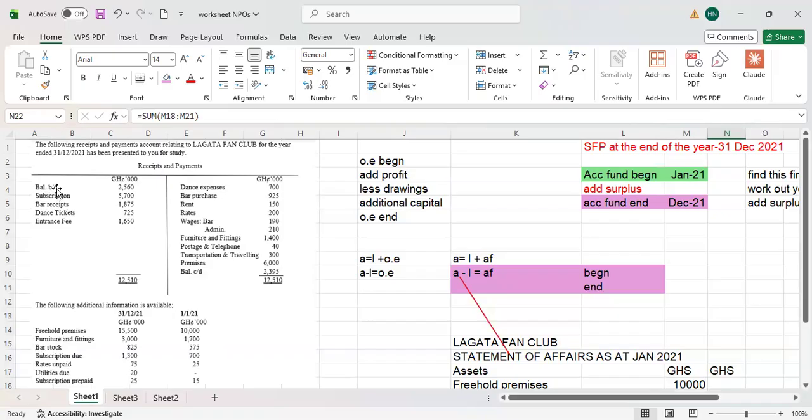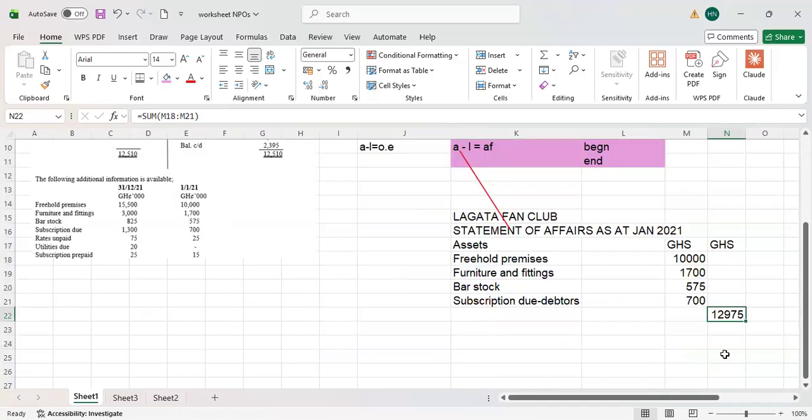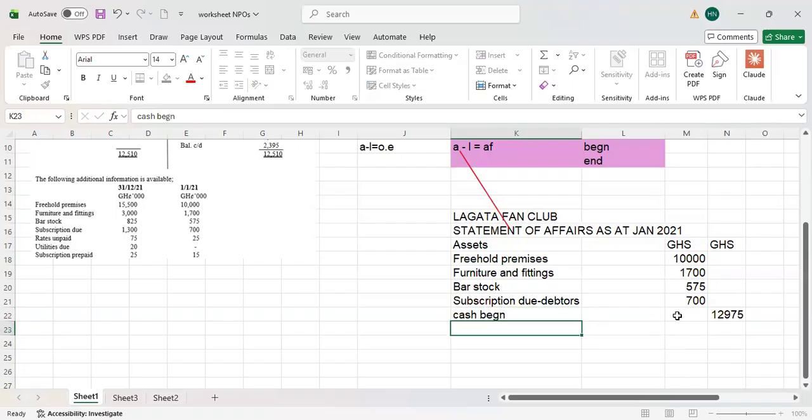Okay, so I need to show my beginning balance for cash, which was the 2560. So I'm going to add that. So when you get here, remember that your cash also is part. If you have information on your beginning cash, you need to add that also. So this is a cash at the beginning, okay, which was 2560.